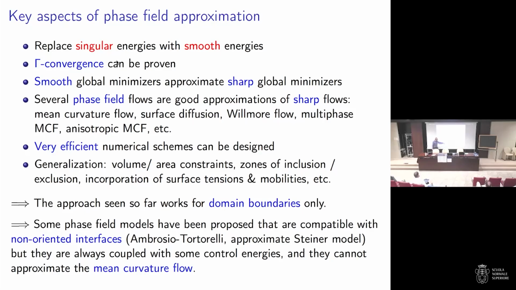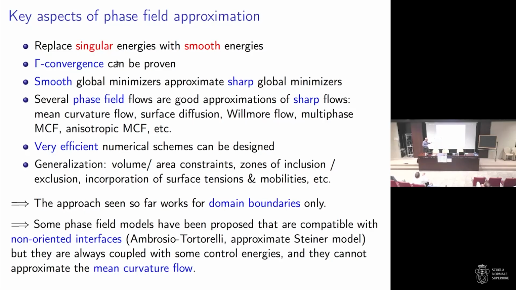If you think about the Ambrosio-Tortorelli phase field approximation for the Mumford-Shah functional, of course, it can also handle interfaces which are not necessarily domain boundaries. And there is also a paper by Bonnivard, Lemenant, and Santambrogio on the phase field approximation for the Steiner problem.